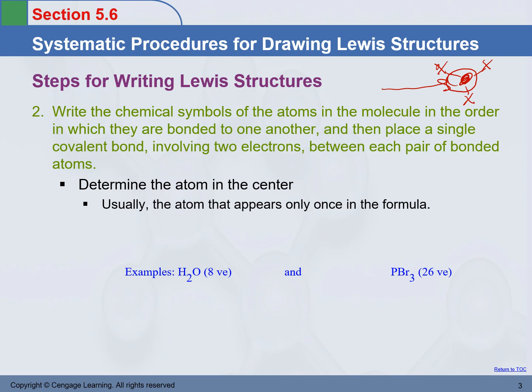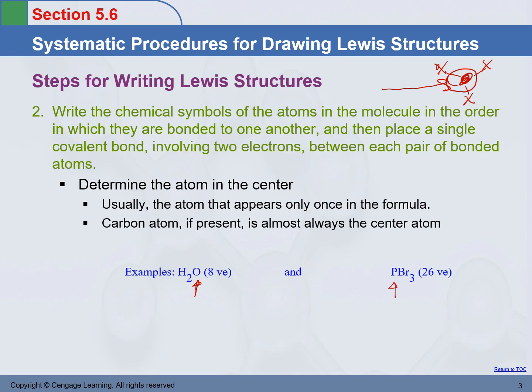By this guideline, right away we know oxygen will be the center atom for water, phosphorus will be the center atom for phosphorus tribromide. For both molecules, this guideline worked. There are other situations where we may need more guidelines. Here are a couple more things that may help us decide which atom will be in the center in the future.